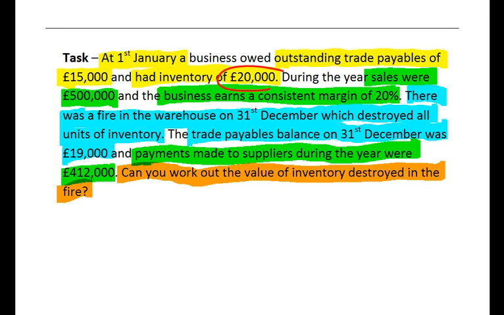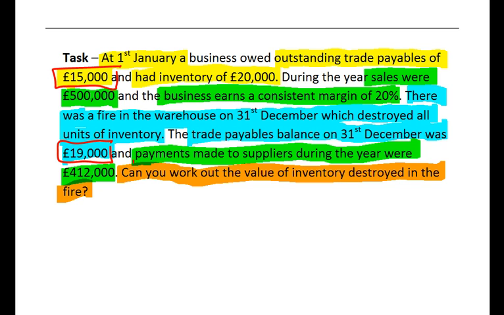For instance, in the information we're given in this task, we know what the trade payables balance at the beginning of the year was. We know that at the beginning of the year they owed their suppliers £15,000. We know what the trade payables balance was at the end of the year. We know that by the end of the year they owed their suppliers £19,000.